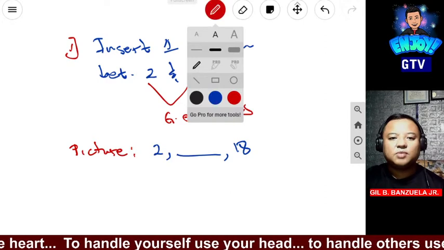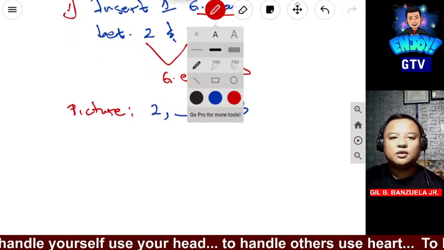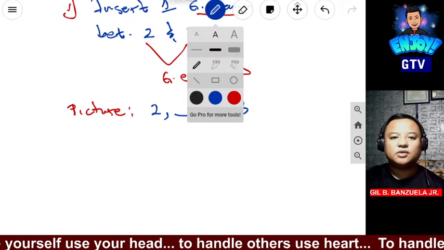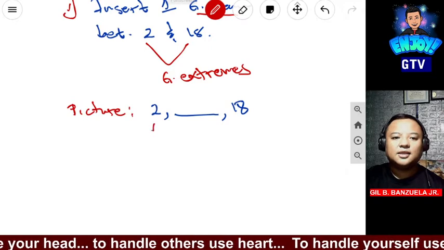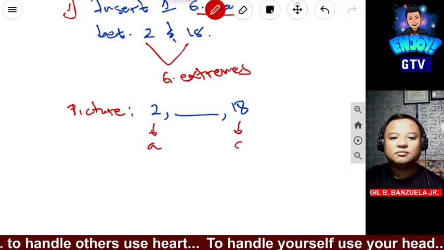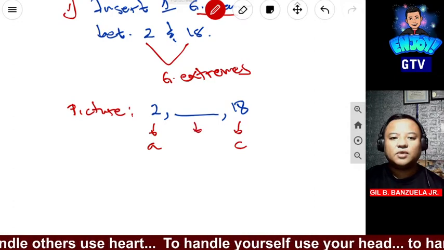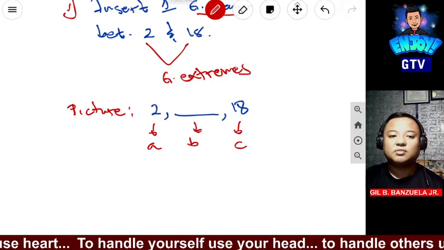And at this moment, I am going to introduce a formula to solve for the geometric mean. But let the first term be A and the last term be C. So therefore, we are asked to solve for B, which is our geometric mean. No?